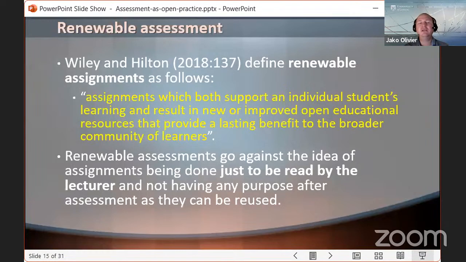So it becomes something that others can benefit from as well. And it goes beyond something just being read by the lecturer or the teacher. There's been a number of studies where this has been done at university level, at college level, not so many at school level, but I think ultimately even there, it is possible to get school level students involved in creating resources that can be of benefit.